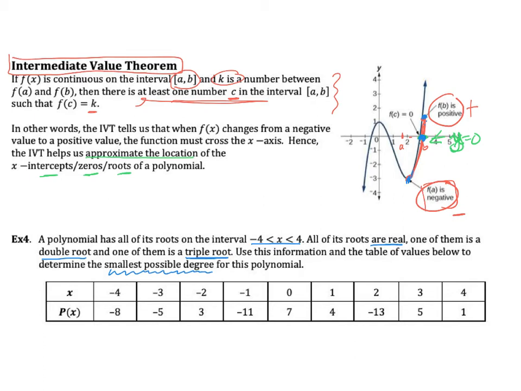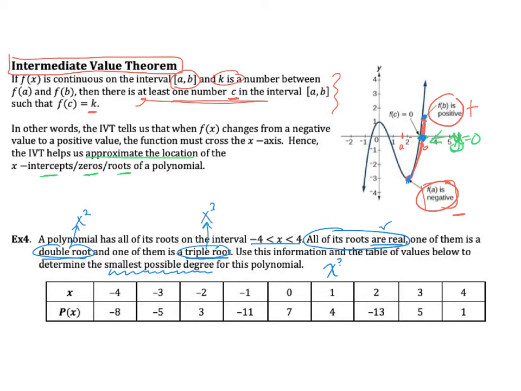So we're trying to figure out, is it x to what power, the smallest possible degree? We know all of the roots are real. Check. We know one of them is a double root, so one of them is going to be an x squared. We know one of them is a triple root, so one of them is going to be an x cubed.